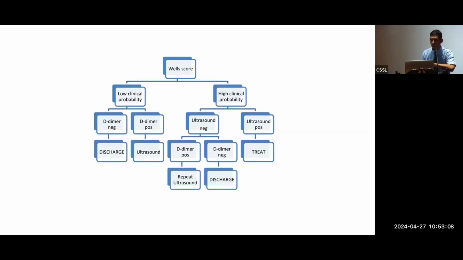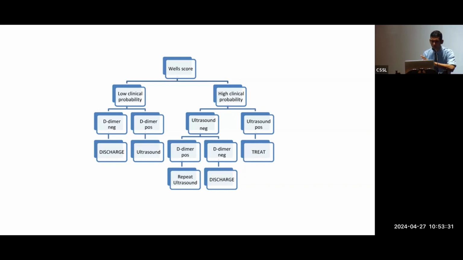So depending on all three, this is a simplified algorithm for your management. You apply the Wells score to a patient, and if the score comes as low risk of DVT, you do a D-dimer level. If the D-dimer is negative, you can exclude this patient from having DVT. If the D-dimer is positive, you have to do an ultrasound scan.